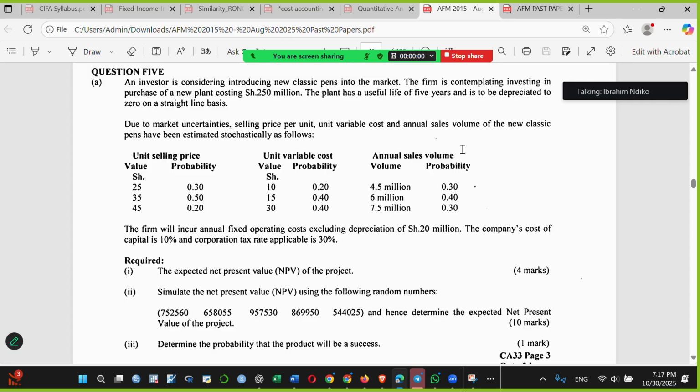So these methods are what remain to finish the topic. The first one asks us to compute expected NPV. How do you get expected NPV?